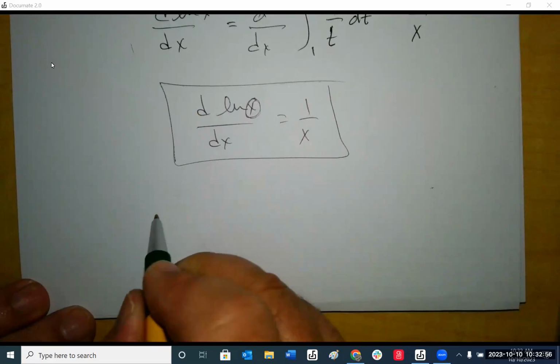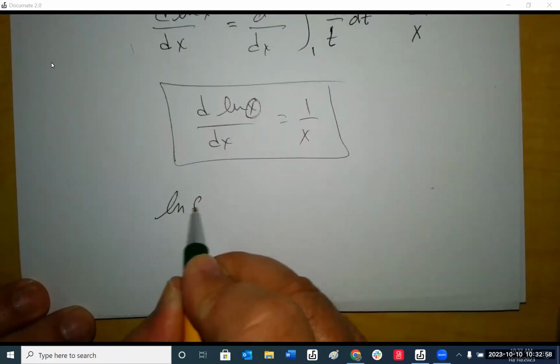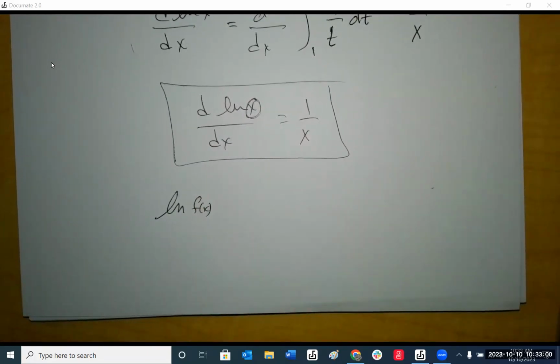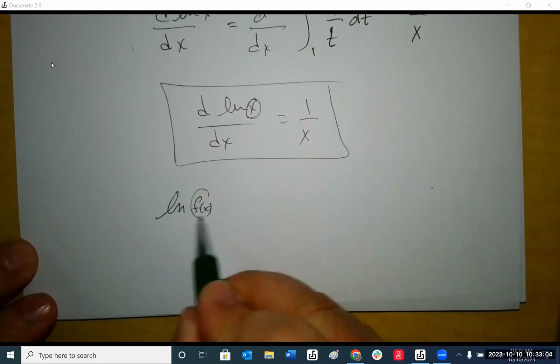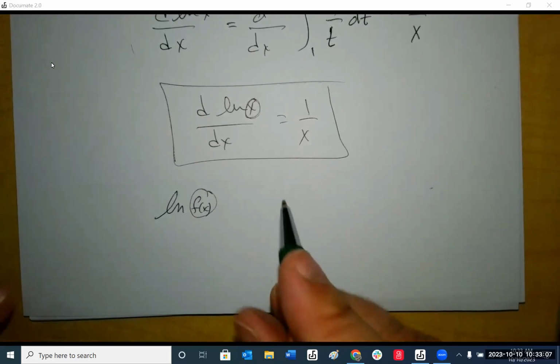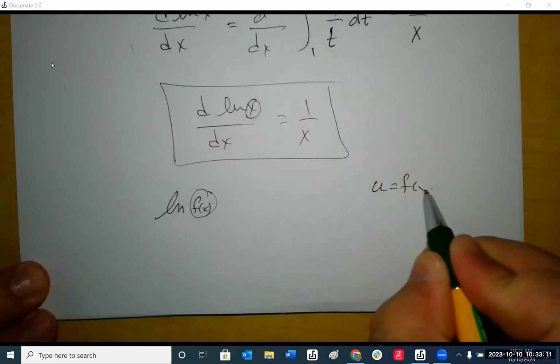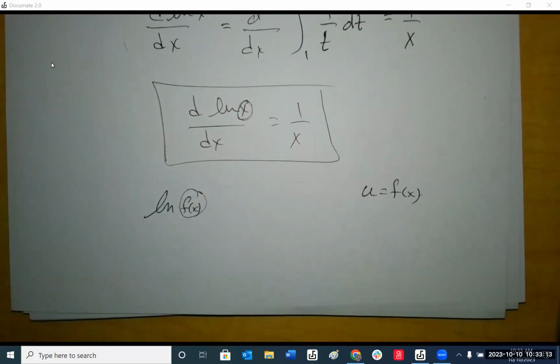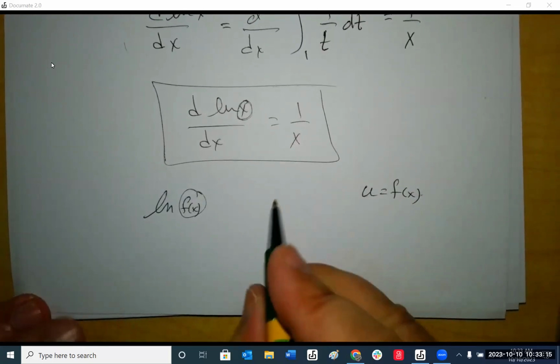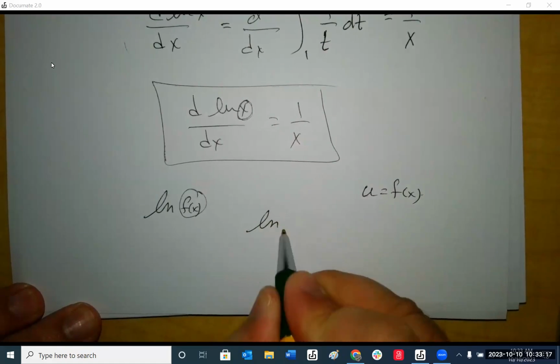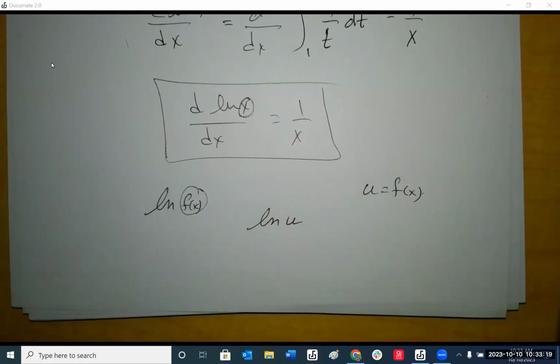So basically, we can take the natural log of some function of x. Instead of putting f of x, which looks very weird, we're using substitution. We're saying that u is equal to f of x, our function. So now we have ln of u.